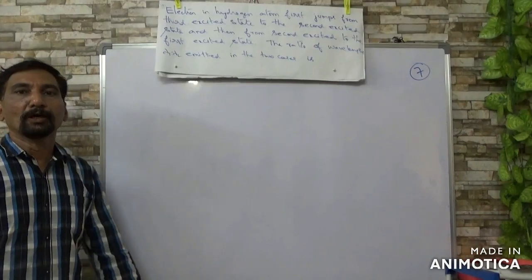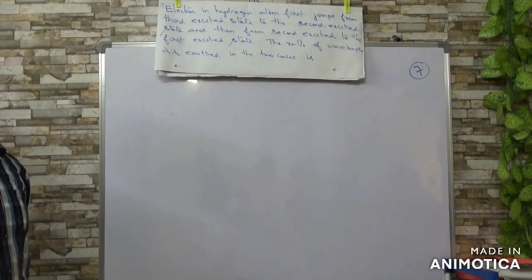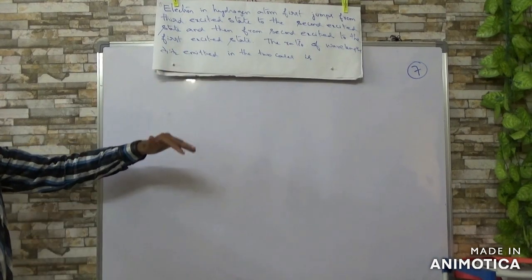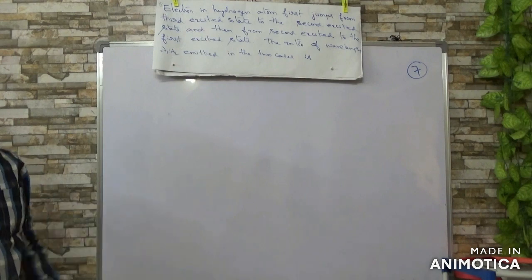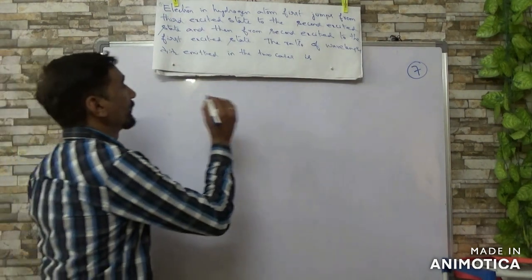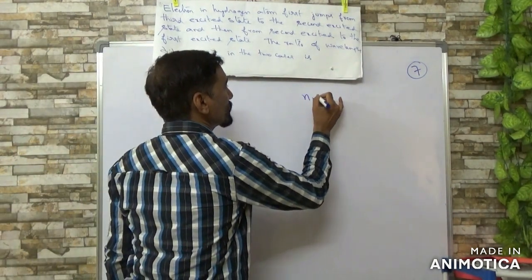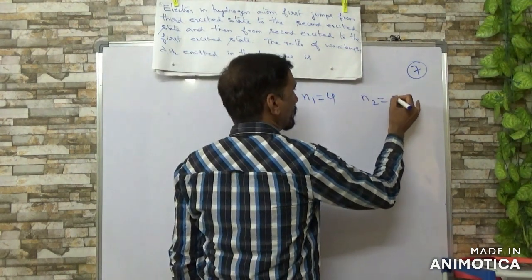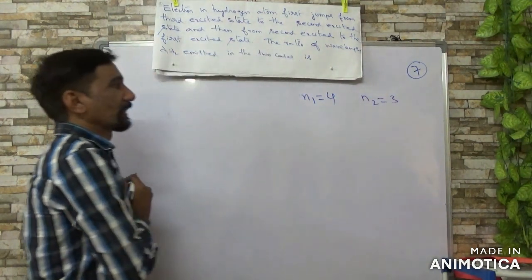Now about the given problem. In a hydrogen-like atom, excitation is taken from third to second orbit. Third excited means n1 taken as 4 and n2 taken as 3, second excited state.